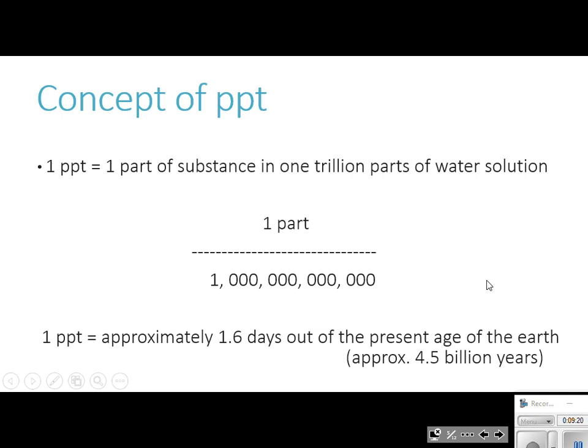Okay? It'd be nice to have a billion. I'd take a billion pennies. I don't know how much that would be, but I'd take it. Okay? But 1 day out of approximately 4.5 billion years.